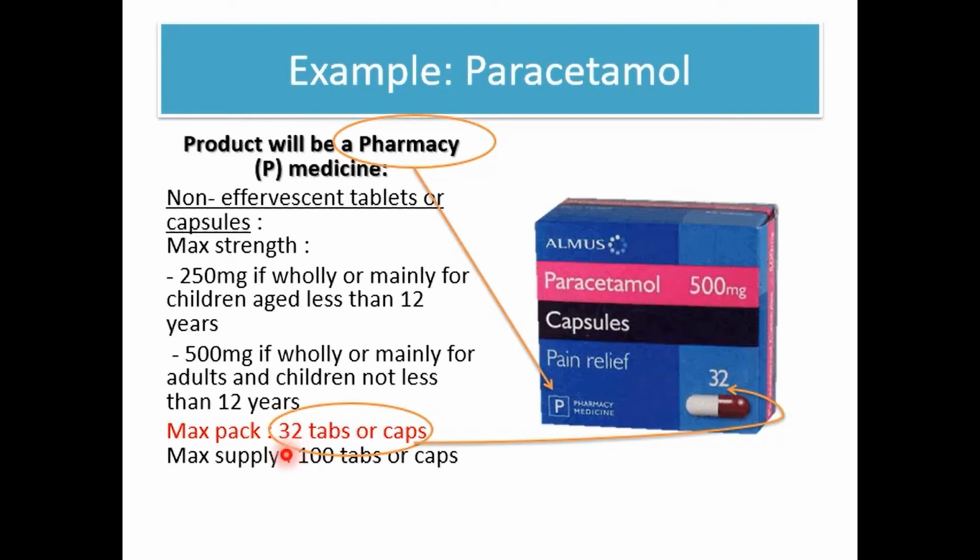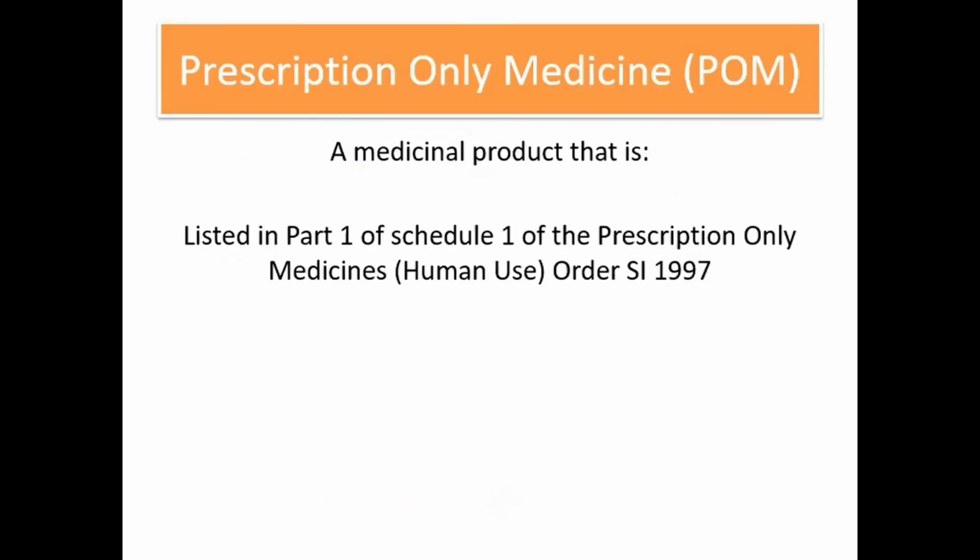Now the reasons that people may need larger quantities is because they might have one box at home, one box in the car, and one box in their office or at work, and they don't want to keep taking the same box everywhere. And sometimes you may think, actually, that's a reasonable request, so I can give more than one box, so I might give 2 or 3, etc. But that's at the discretion of the pharmacist.